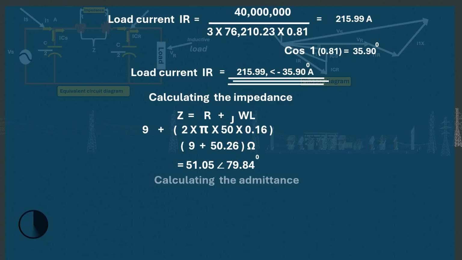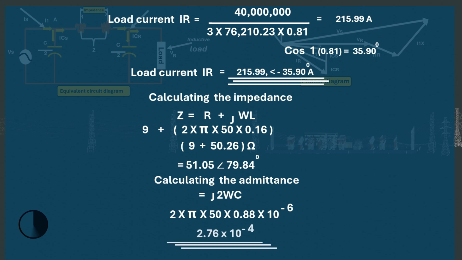So J 2 times pi times 50 times 0.88 microfarad. With this, our answer will be 2.76 times 10 raised to power minus 4, and because we are considering the current flowing through the capacitance, our answer will be 2.76 times 10 raised to power minus 4 at an angle of 90 degrees.